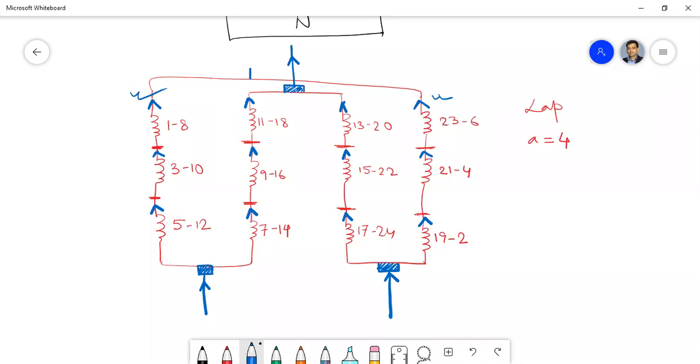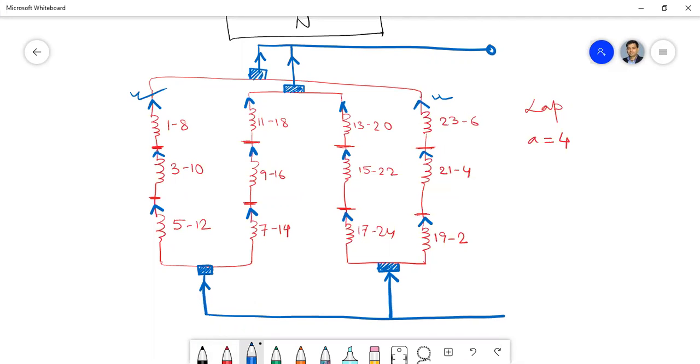That means another brush will be placed there. These two brushes you can short and make a terminal, and these two brushes you make a terminal. Are you getting? So this is how you have 4 parallel paths.